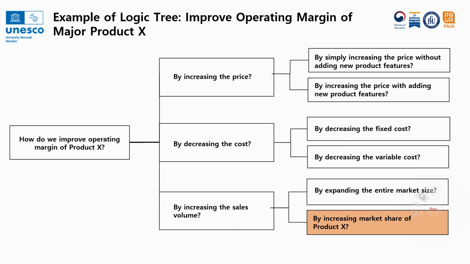And the realistic option might be increasing market share of product X. Maybe the cost structure is quite tight, so we have already saved a lot of money to reduce the cost. So decreasing the cost, whether it's the fixed cost or the variable cost, might not be the realistic option.